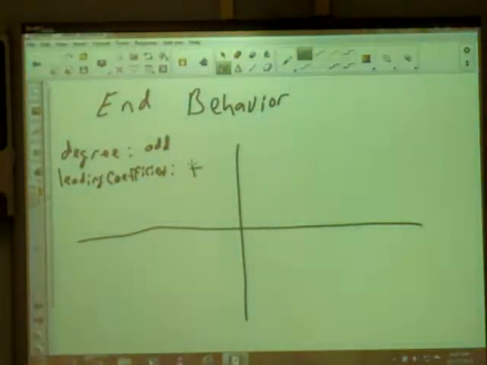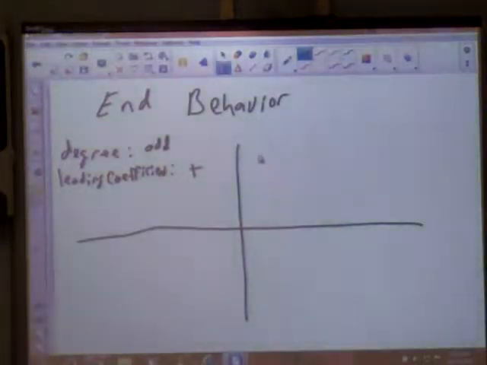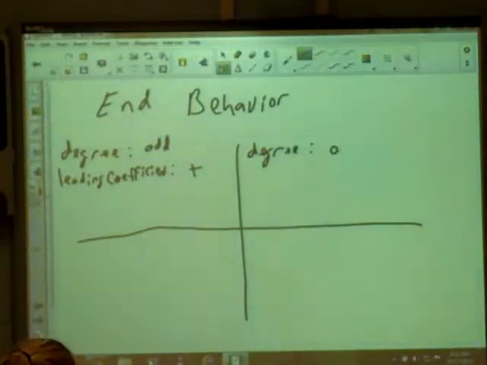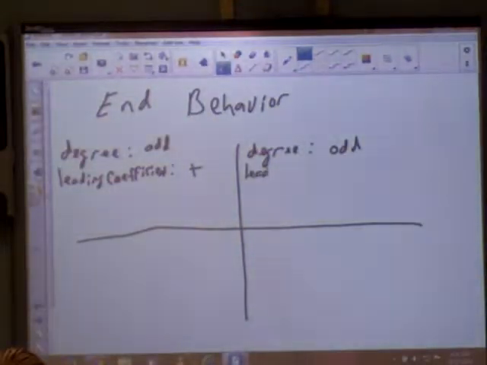We're starting off with degree and leading coefficient, and we'll go back in and fill in a lot of other stuff.